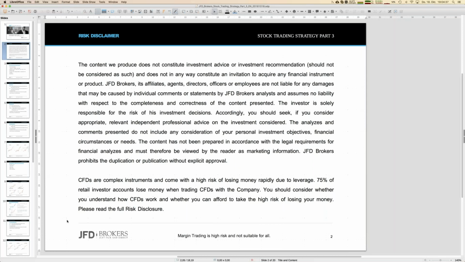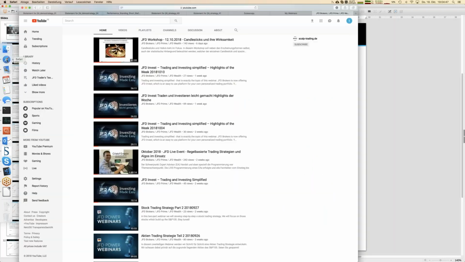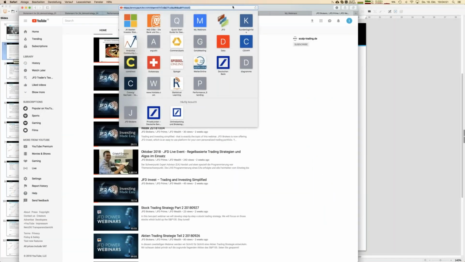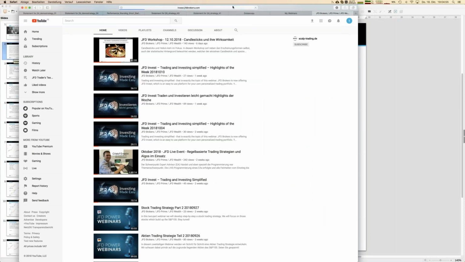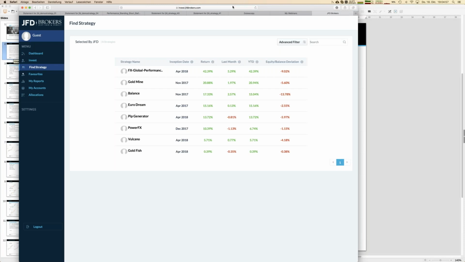Talking about risk or trading strategies, few of you might have already realized that we have something new here at JFD, and I will show that as well. There's a new trading strategy on the JFD Invest platform, the social trading platform, so that you can mirror those strategies into your personal JFD Invest account.